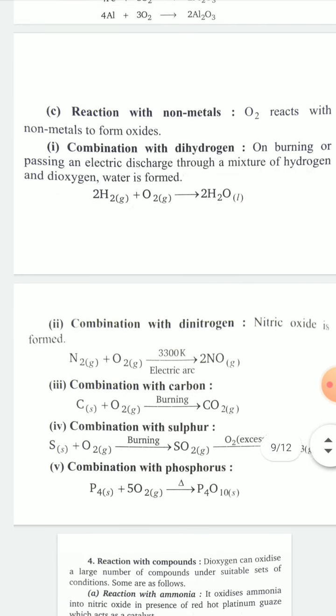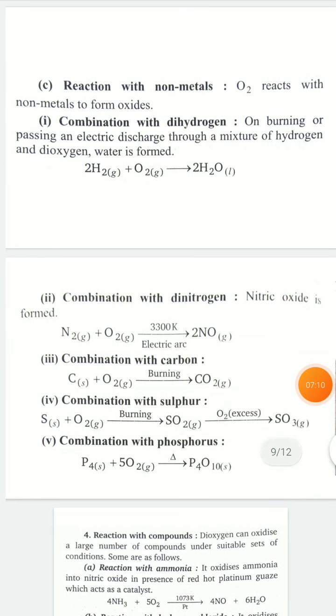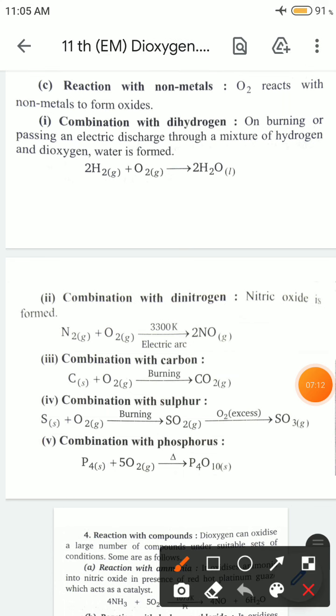Reaction with non-metals. Oxygen reacts with non-metals to form oxides. It reacts with dihydrogen to form water: 2H2 plus O2 gives 2H2O. It combines with dinitrogen to form nitric oxide: N2 plus O2 gives 2NO.